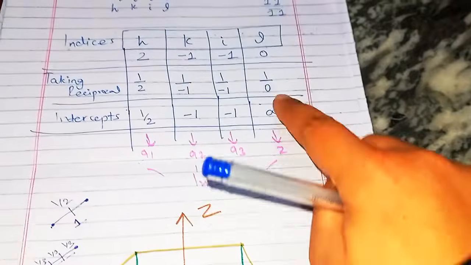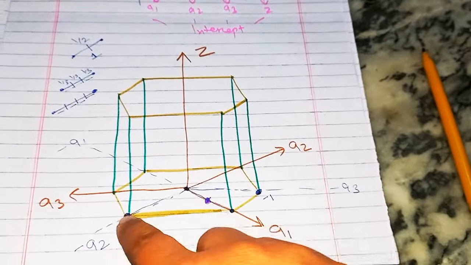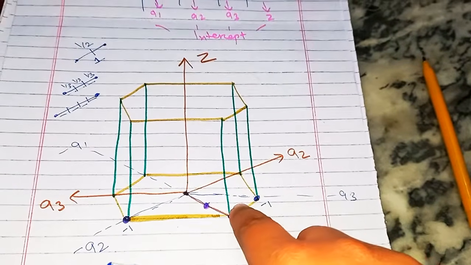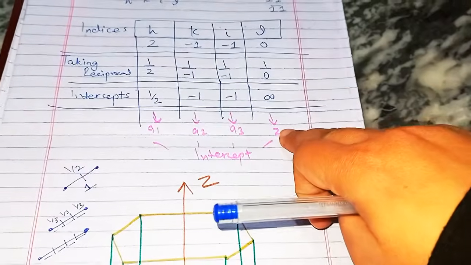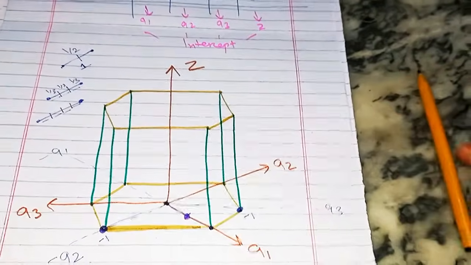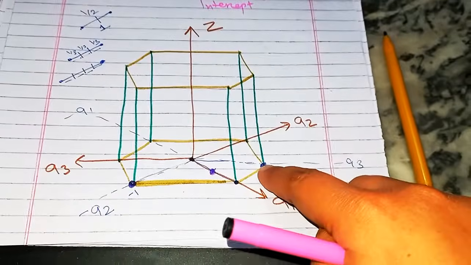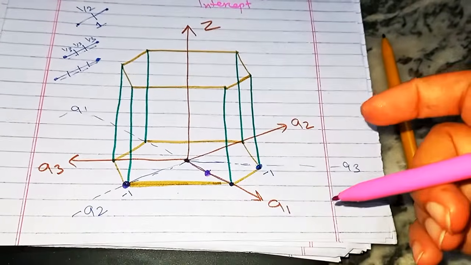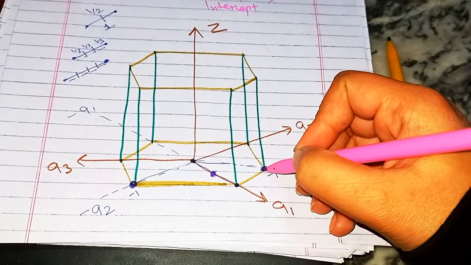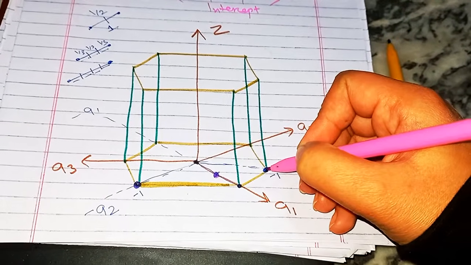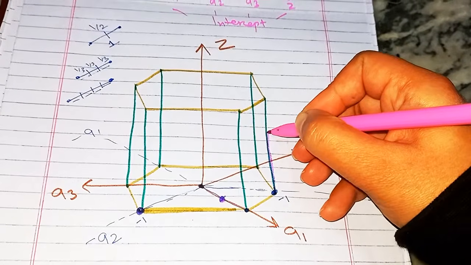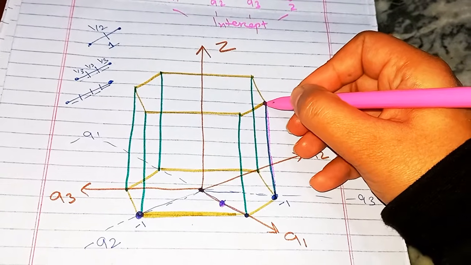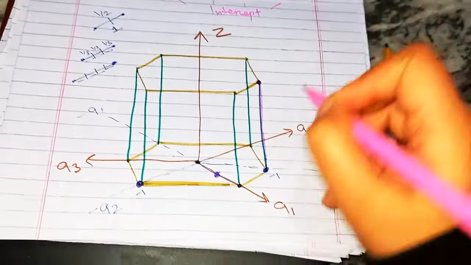Now, since the z-intercept is infinity, we got 3 different points, and we'll draw parallel lines from each of these points along the z direction, such that we are inside a single unit cell. Since infinities are dealt, we'll draw the continuous line, which will be part of the plane. From this point, we'll draw a parallel line along z direction, and we will continue moving until the end is reached. So this is the point to stop.